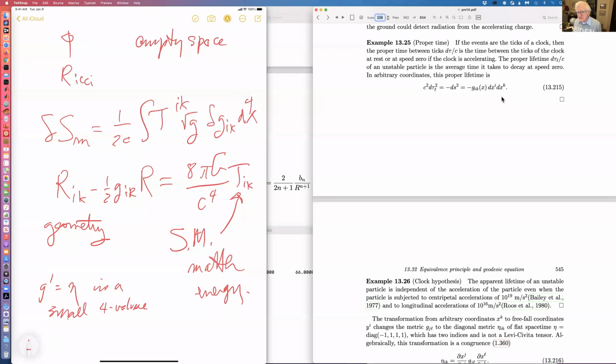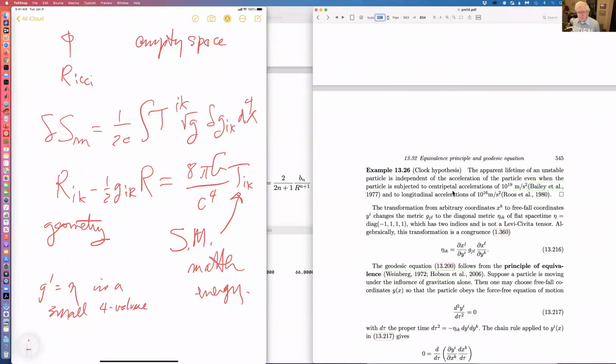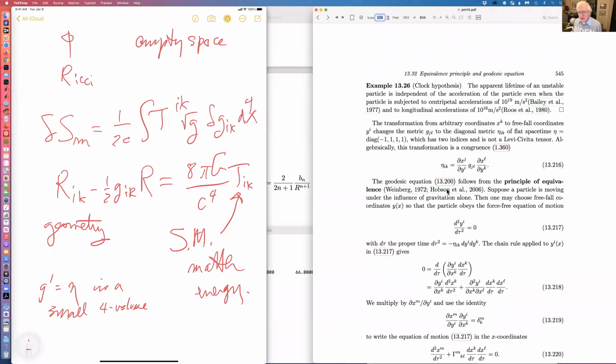So in lab coordinates it might be this, but in the coordinates of the particle in its rest frame, ds squared, or minus ds squared, is just this.